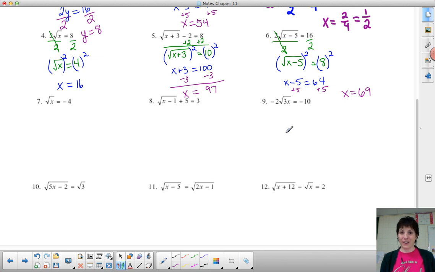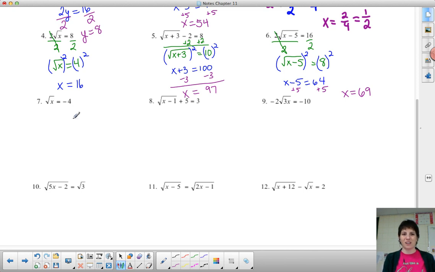All right, hopefully you're feeling very confident in those two problems. And we need to talk about number 7. Number 7 is a trick problem. The reason it's a trick problem is because it's really asking you, what number times itself, right? That's what a square root asks.